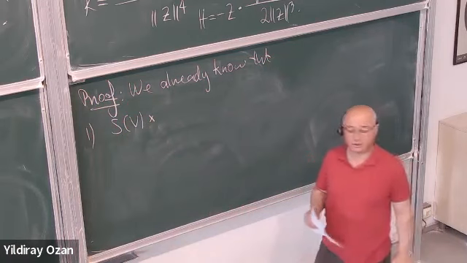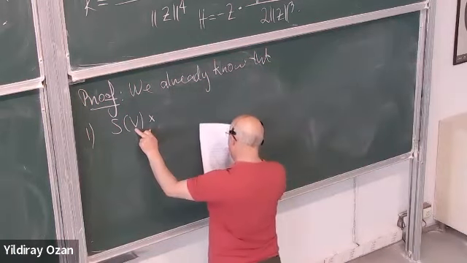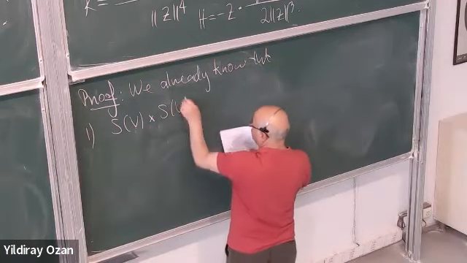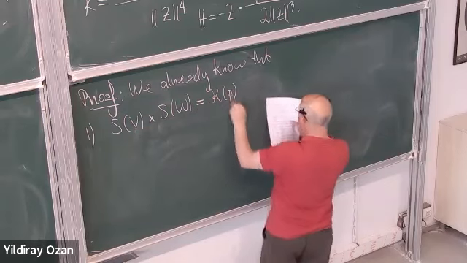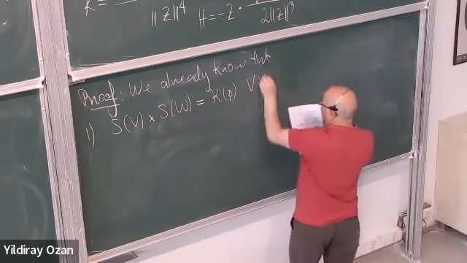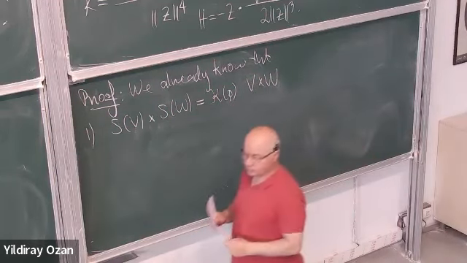Shape operator at V, cross product shape operator at W. This is just the Gaussian curvature and V cross W, right?